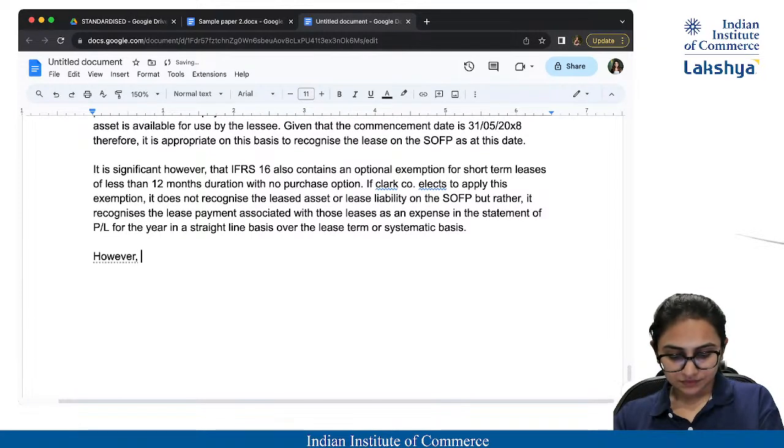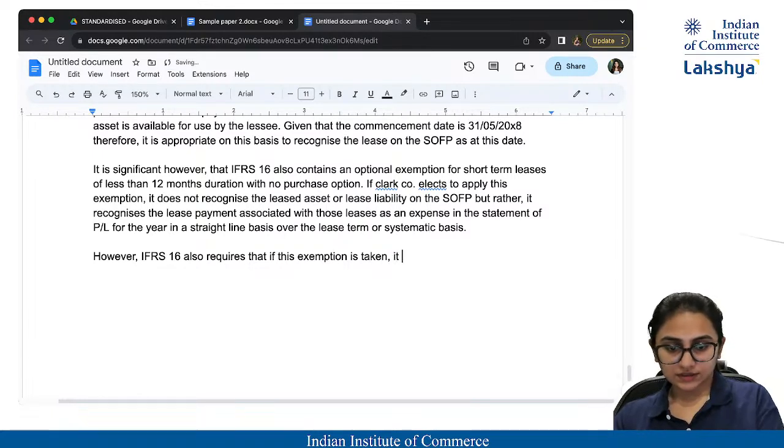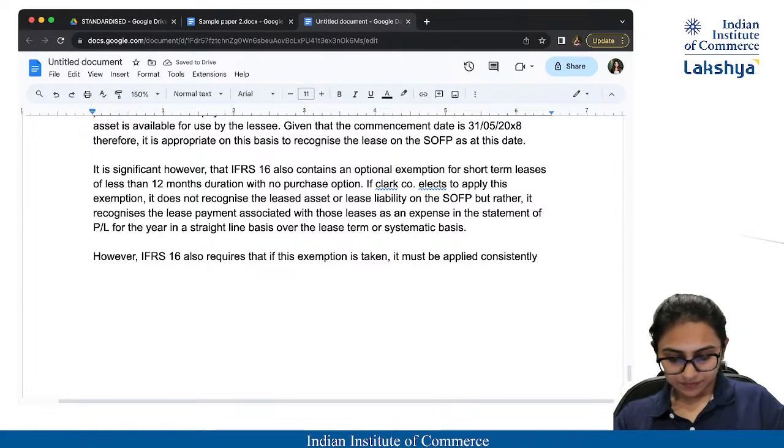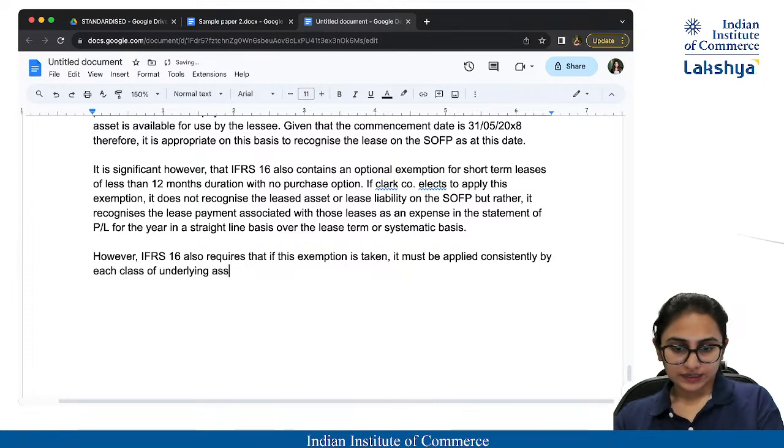However, IFRS 16 also requires that if this exemption is taken, it must be applied consistently by each class of underlying asset.